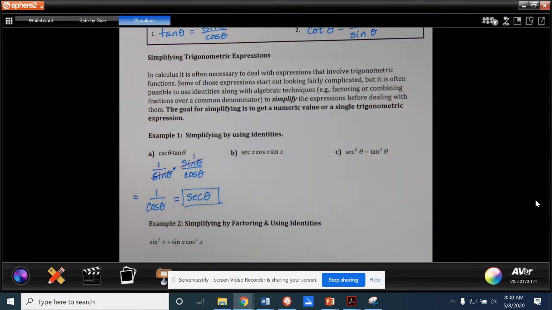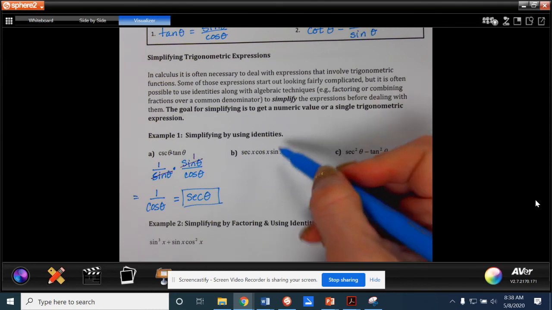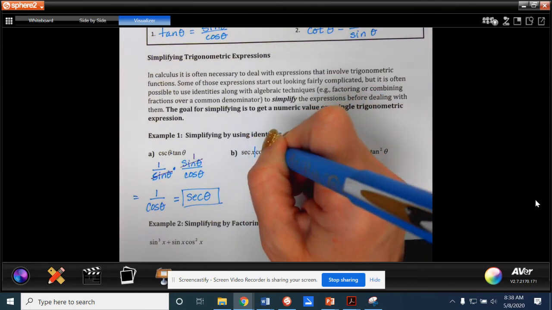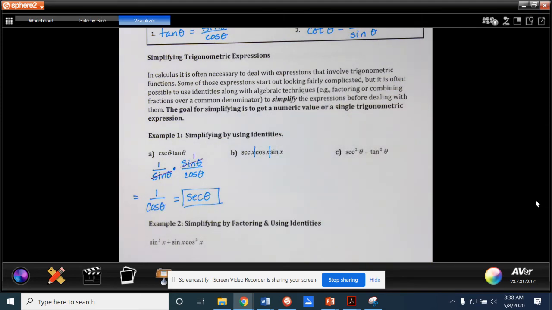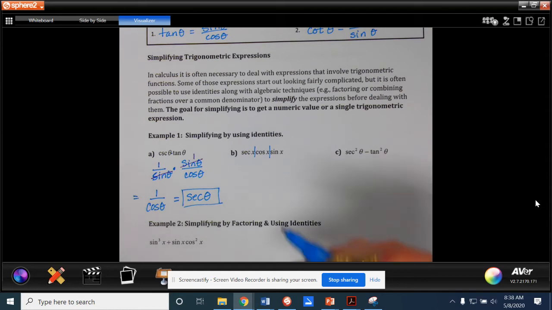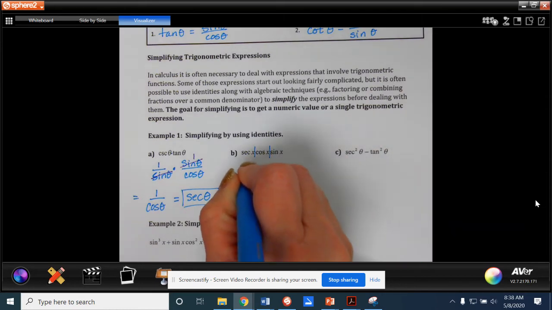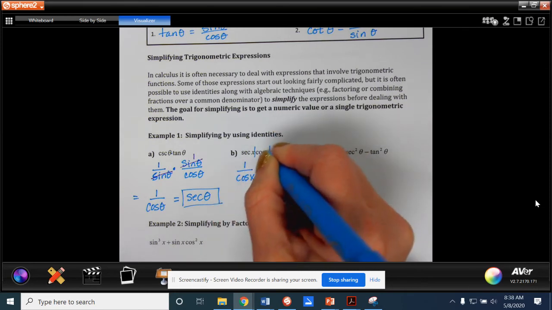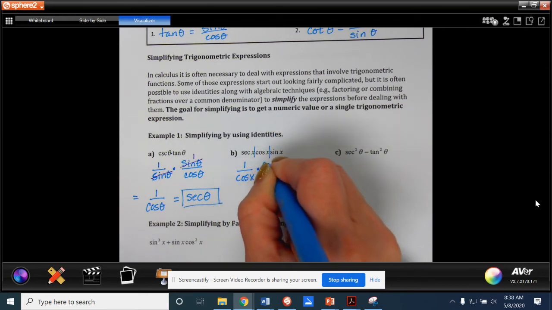Now, let's do the next one. This is all being side by side. So it's the same as, again, if you just want to make lines, that's where it multiplies. So looking at that, I have a sine and a cosine and then a secant. Well, let's change secant into its other format. Secant is the same as 1 over cosine x times, I'll leave cosine x as it is.